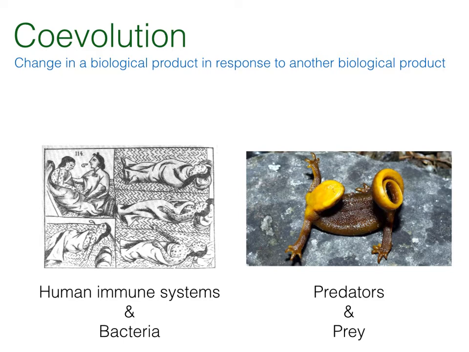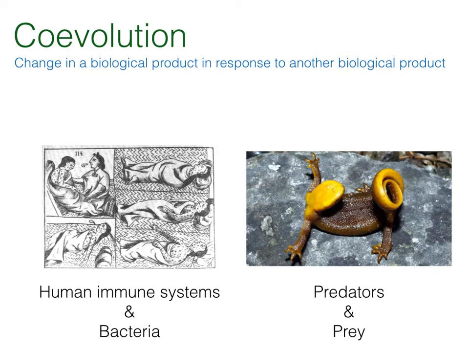So we see this between human immune systems and bacteria and viruses. As our differential survival affects future generations' ability to react to viruses and bacteria, and in turn changes in the viruses and bacteria to better take advantage of our immune systems.